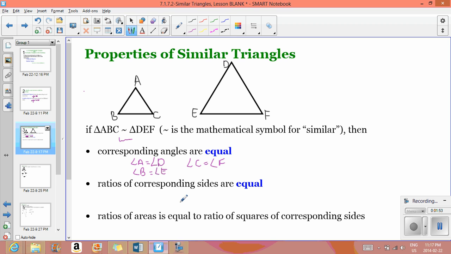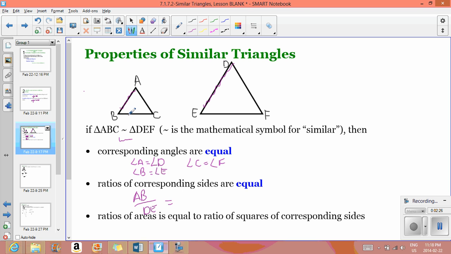When we're talking about ratios of the side lengths, that means that this side length and this side length are not necessarily equal, but they are in proportion to each other. So for example, this triangle might be 2 times bigger than this triangle. So if we're to talk about the side lengths, we can say that AB over DE, those can compare because that's the same side of the triangle compared to the same side of the other triangle.